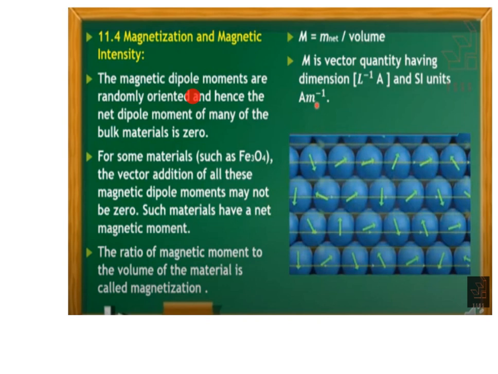The magnetic dipole moments are randomly oriented and hence the net dipole moment of many of the bulk materials is zero.